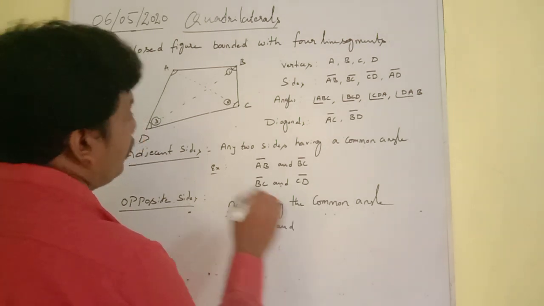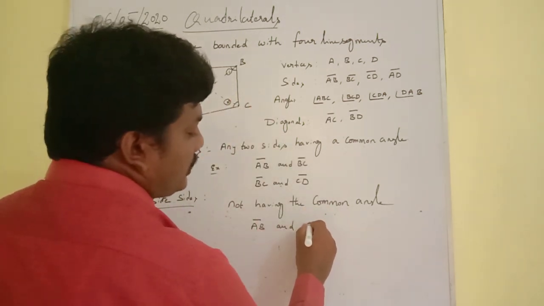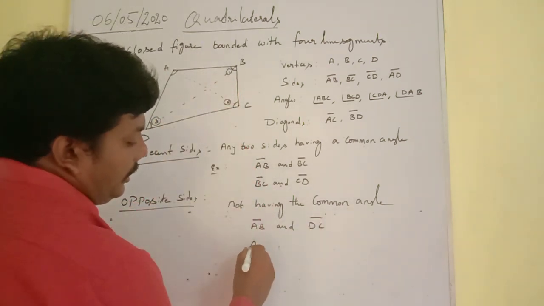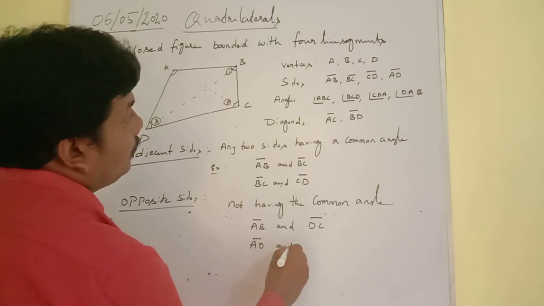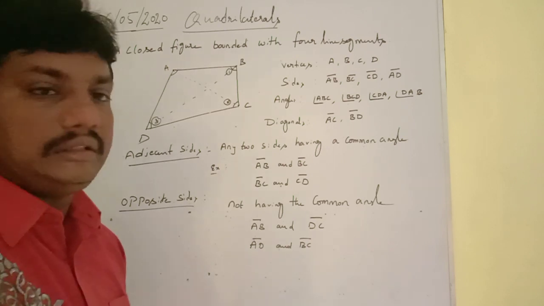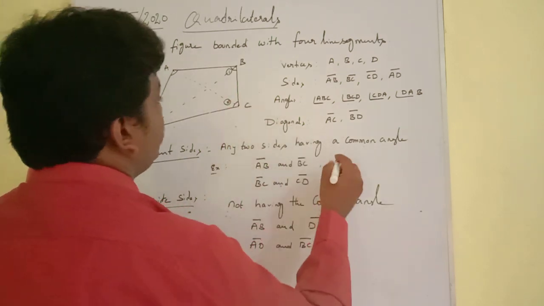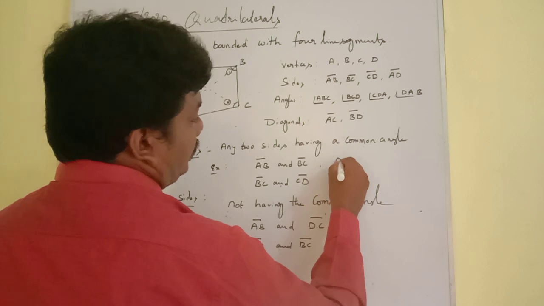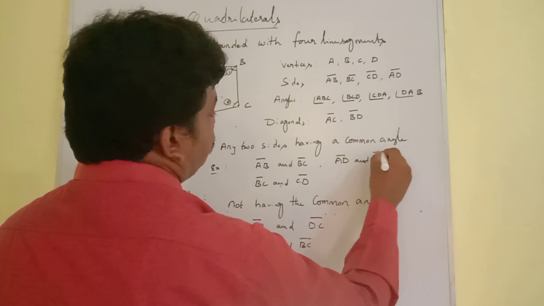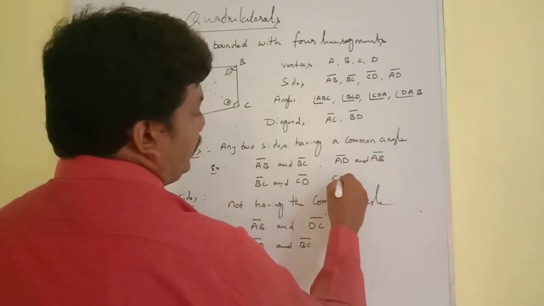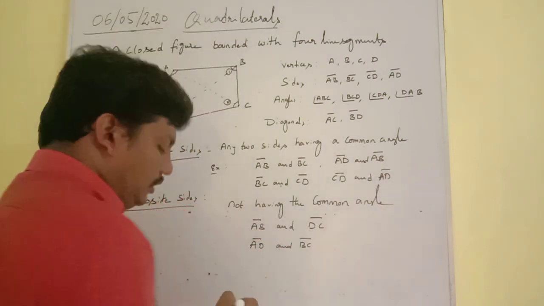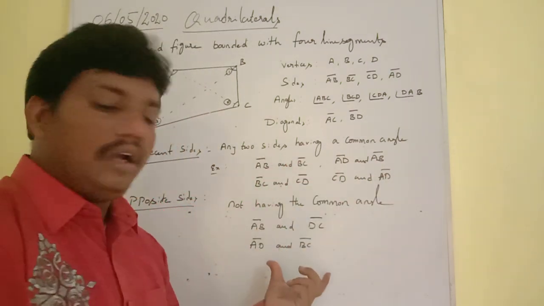AB and DC, and also AD and BC. Some more pairs: AD and AB, then CD and AD are adjacent sides, and these other pairs are opposite sides.